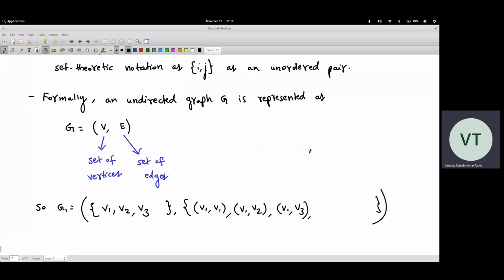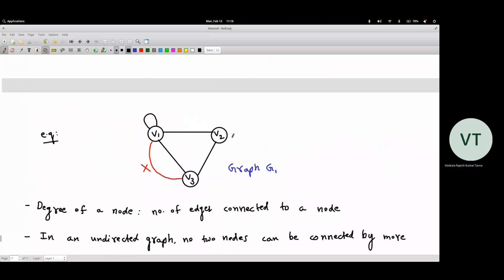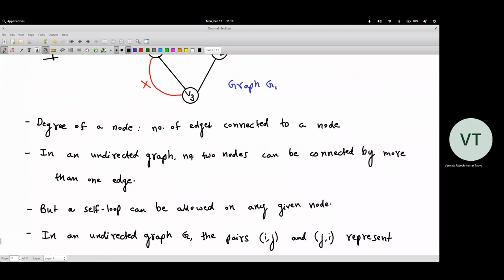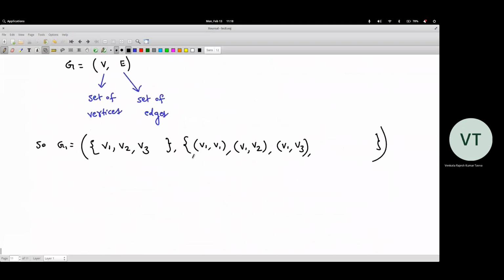Then what about node 2, V2? It is connected with V1 and V3. But V2, V1, should we write again? No need, because we already wrote V1, V2. So that is covered there. So the new edge is V2, V3. What about V3?